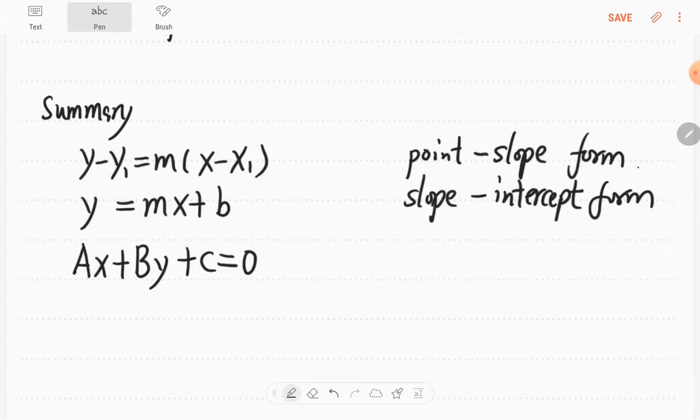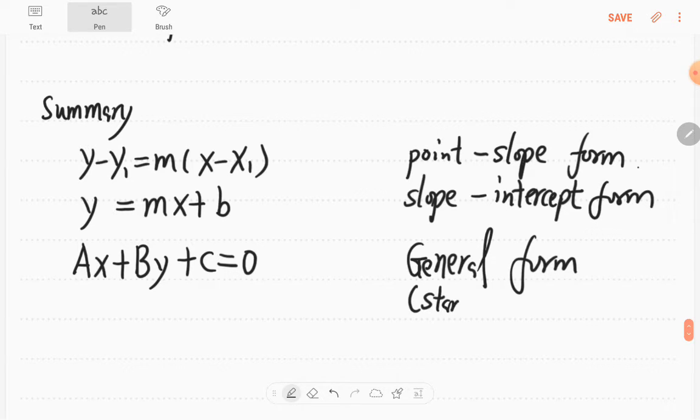This is called the general form, sometimes we call it the standard form.